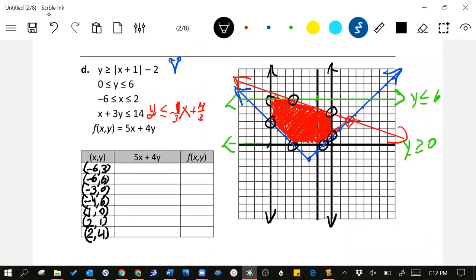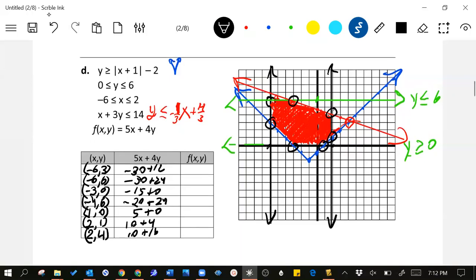This one's -30 plus 12. This one's -30 plus 24. This one's -15 plus 0. Here we have -20 plus 24. Here we have 5 plus 0. 10 plus 4. 10 plus 16. Yes, by the way, on my test, I expect that you actually can do this.